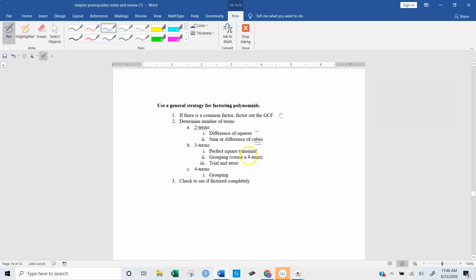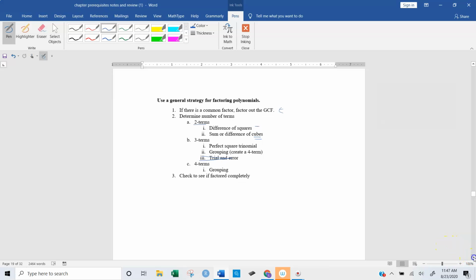If it is not, you have to group using 4 terms. There is a method called trial and error. I do not like it. It usually gets you into trouble. 4 terms is always grouping. It's your only option. When you are done, you have to check your factors to make sure nothing can factor out. All right, let's continue.